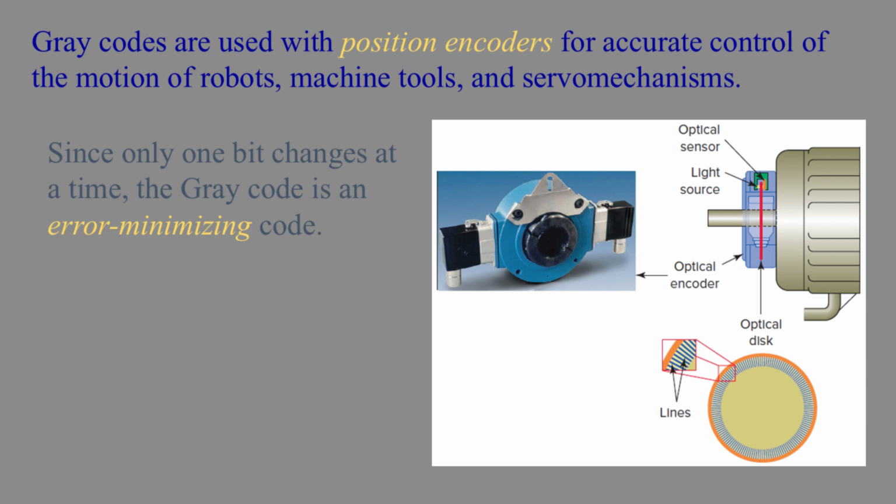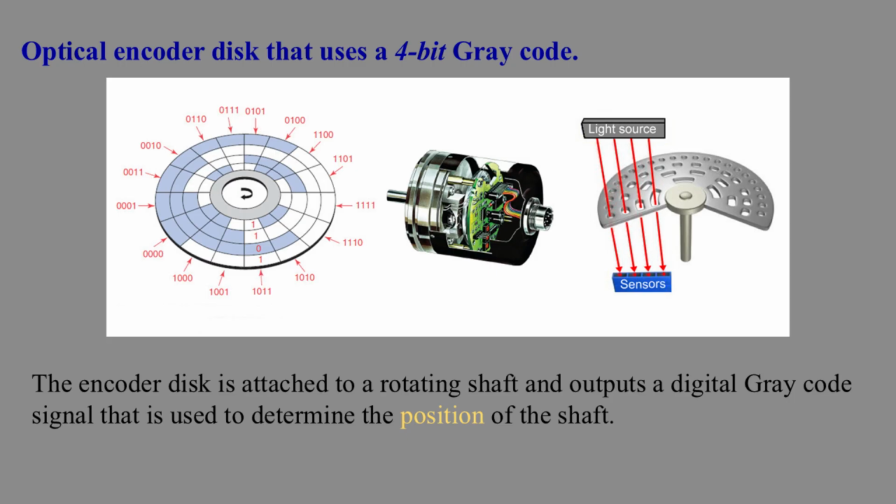Encoders are often attached to rotating shafts in machines, robots, and servo mechanisms to measure position. An optical encoder disk is marked with patterns that correspond to Gray code values. As the disk rotates, sensors read these patterns and output a Gray code signal. Since only one bit changes between positions, the chance of misreading the shaft's location is minimized.